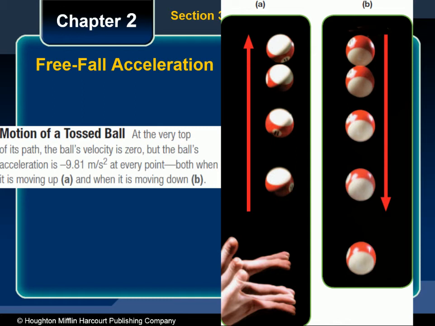Acceleration is constant during upward and downward motion. Figure 3.2 is a strobe photograph of a ball thrown up into the air with an initial upward velocity of positive 10.5 meters per second. The photo on the left shows the ball moving up from its release toward the top of its path. The photo on the right shows the ball falling back down.